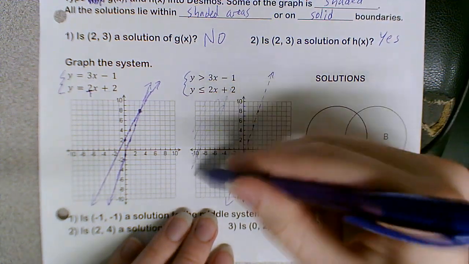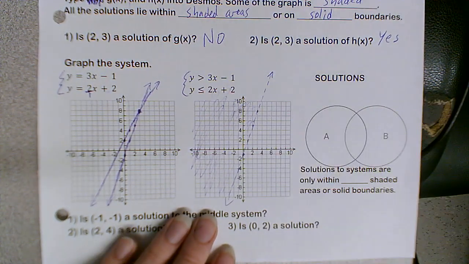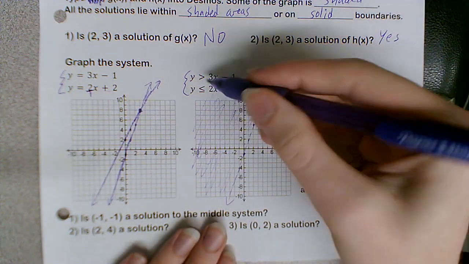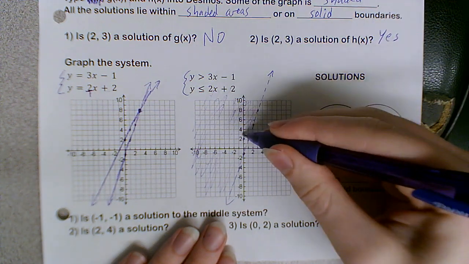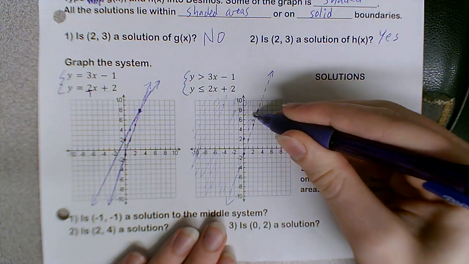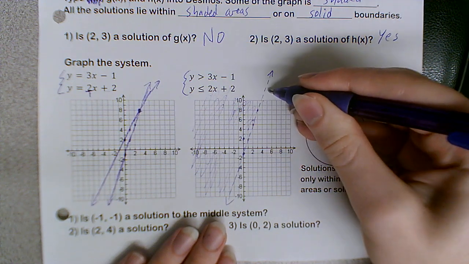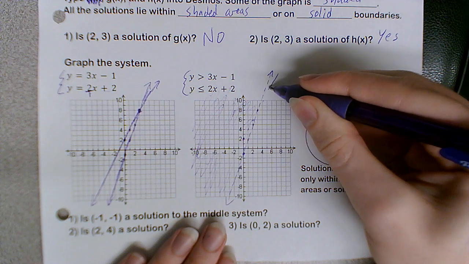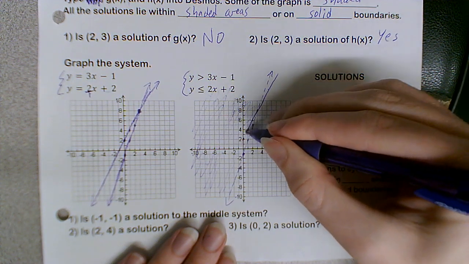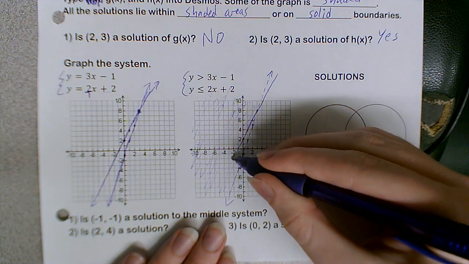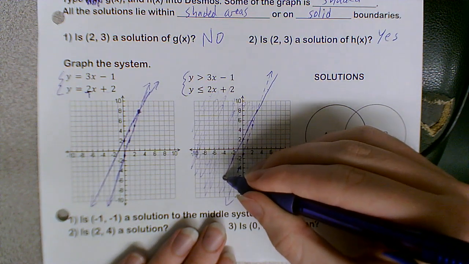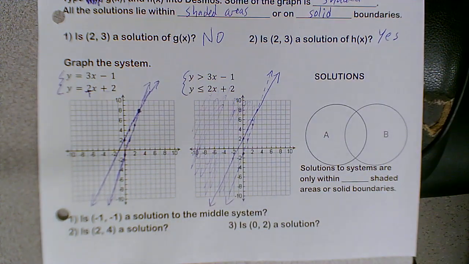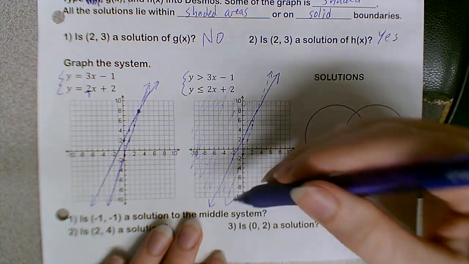Don't shade it super heavily above. Then for the next one, we have 2x plus 2 once more, with a slope of 2 over 1. And this is a solid line because this is less than or equal to, and we're going to lightly shade this one below.